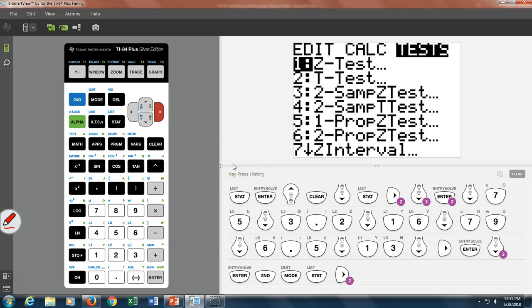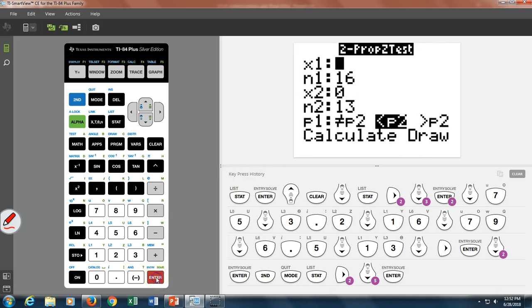Now, we have in our data two different proportions, so you can probably guess where I'm going to go here. It's going to be number 6, the 2-proportion z-test. There's some theory in the book as to why that's the case, but to do the problem, you just need to know 2-proportion z-test.